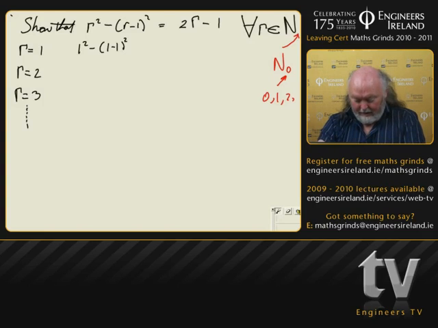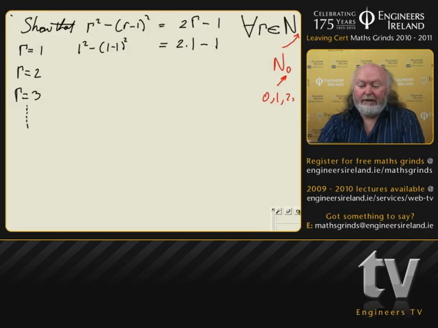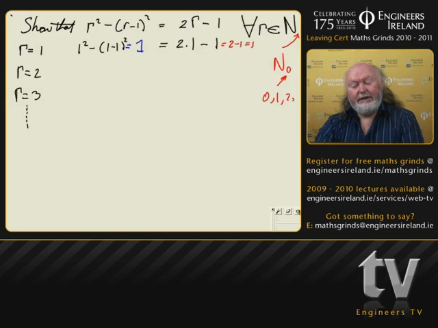Now, we're saying that should be equal to 2 by 1 minus 1. And we'd say, yes it is, because over here, just to be very silly about this, this side here is 1 squared, which is 1, minus 0, so I get a 1 here. And over this side, it's 2 minus 1, which is 1. So we say, definitely true for this.